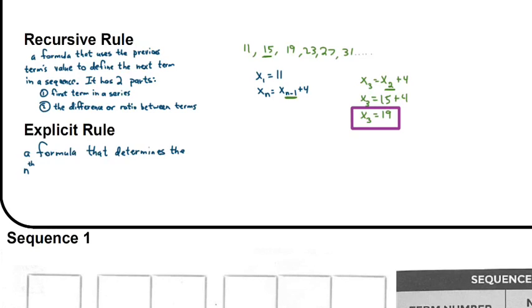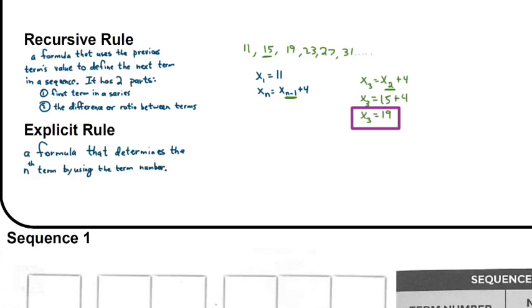So the nth term by using the term number, okay?